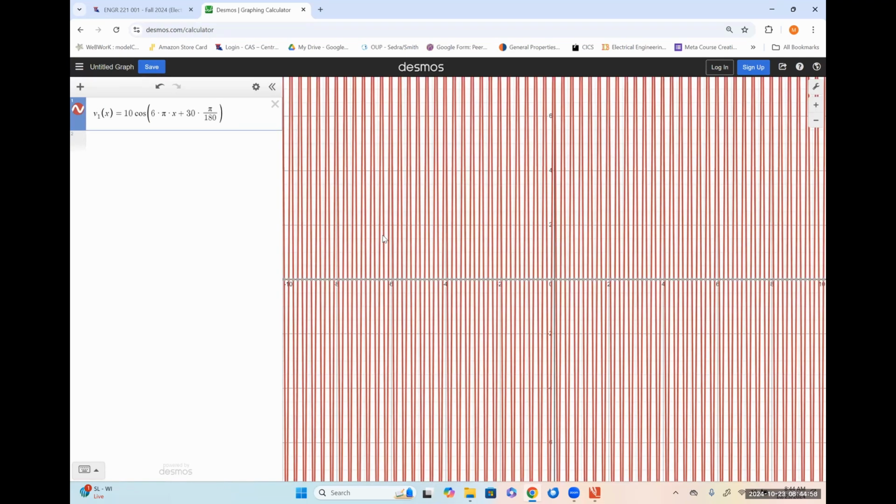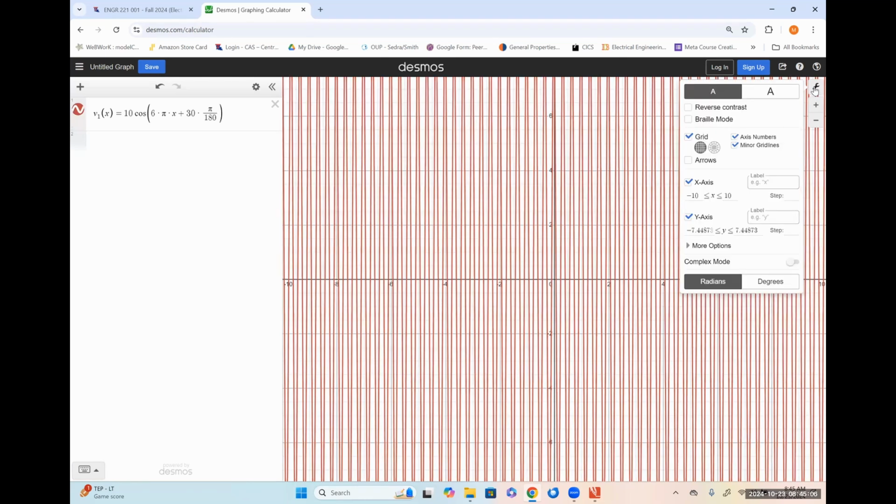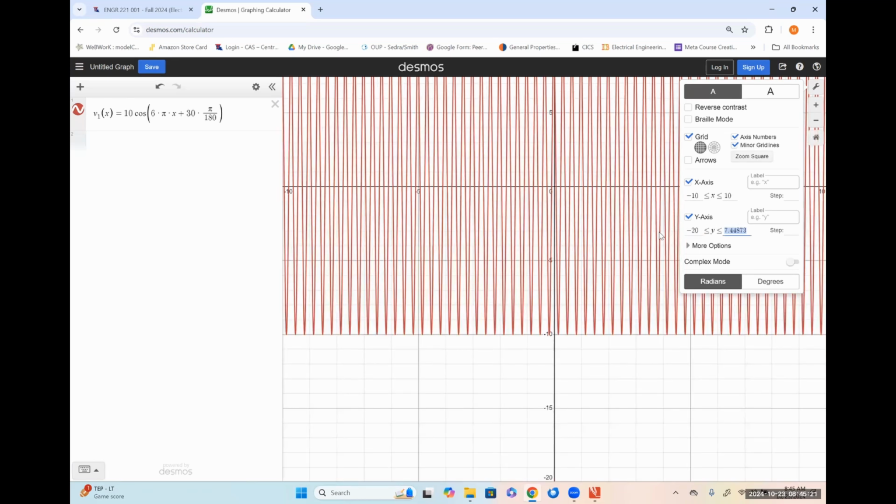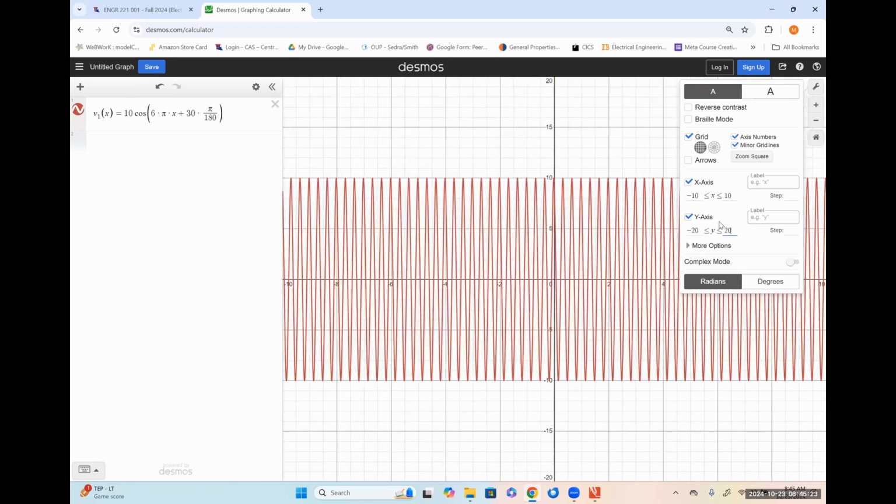I'm going to call it V1 now, apparently, because VA doesn't work, but V1 does. And I'm going to change my settings slightly because it's got so many oscillations on the graph that it's looking gross. I know that the peak values are going to be roughly plus or minus 15, so I'm going to do negative 20 to positive 20.